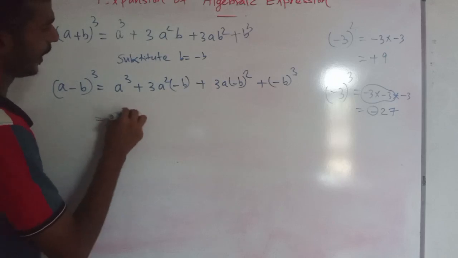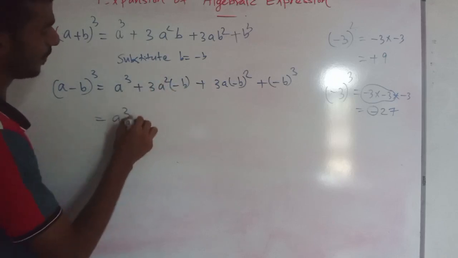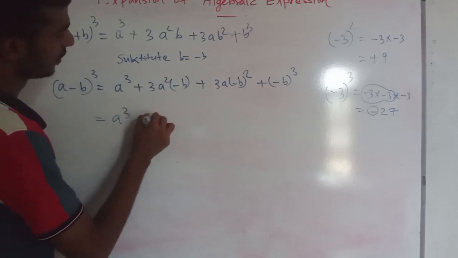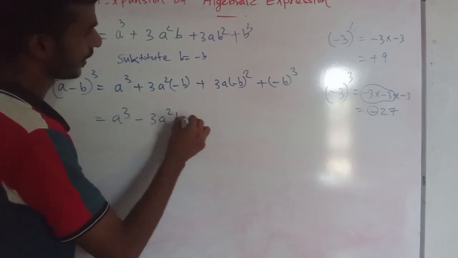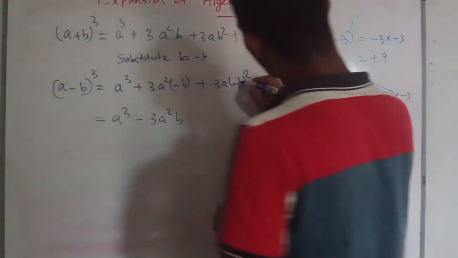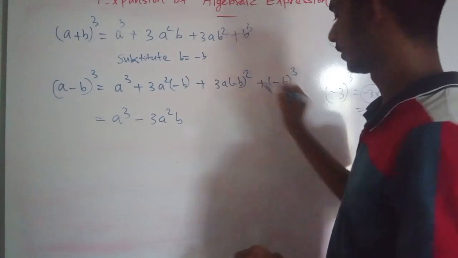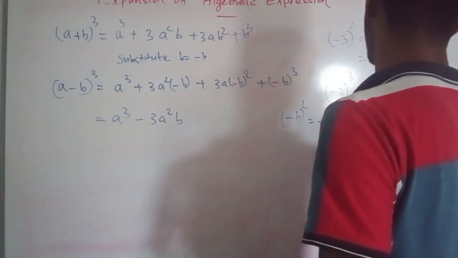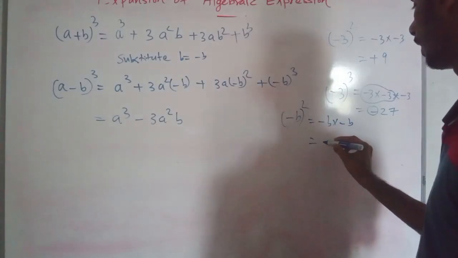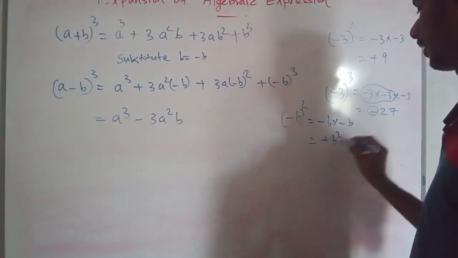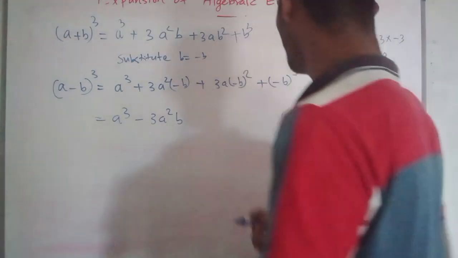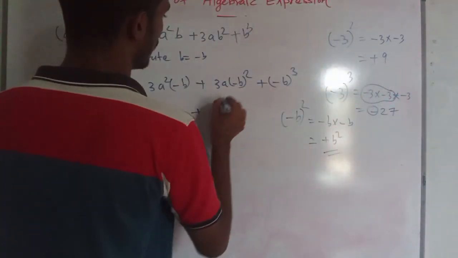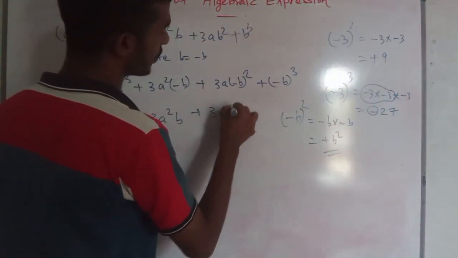Now this will be equal to A cube, so this minus and this plus will make this minus 3A squared B, right? You see, this (minus B) whole square is equal to minus B into minus B, that will be equal to minus into minus, plus B squared, right? So this will be equal to plus 3AB squared.